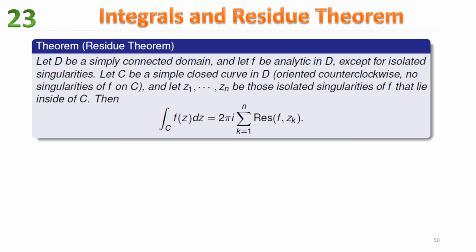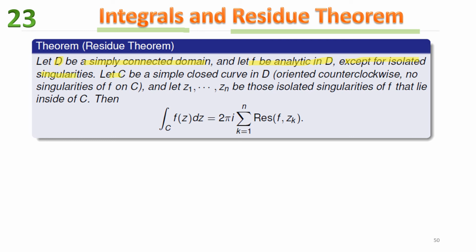Now we are going to learn the integral and residue theorem. We are talking about evaluation of integrals from the residue theorem. Now let us suppose that D is a simply connected domain and f is an analytic function in D, except for isolated singularities.